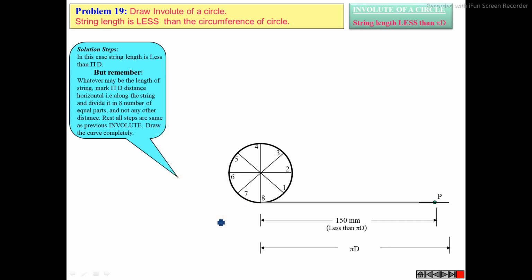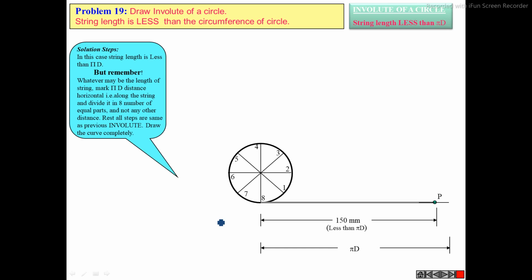So once you have divided the given circle into 8 equal parts, you need to divide the initial tangent line also into 8 equal parts by the set square method to get 8 different locus points of the involute. So which line will you divide into 8 equal parts by the set square method?